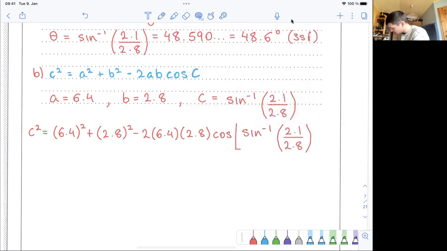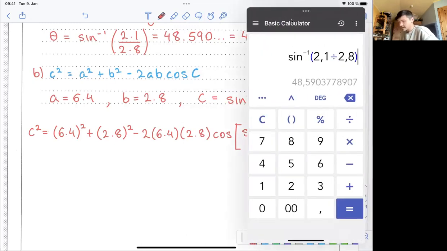Oh, I've lost the top of my square bracket. And then there we have it. Let's put this all into our calculator, and then we'll have to square root it to find C, and that will be our answer.